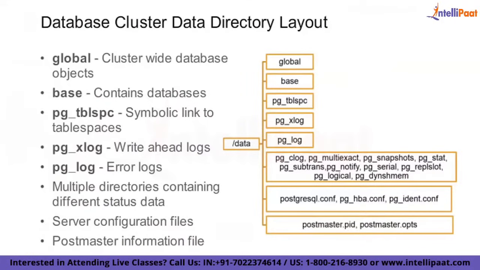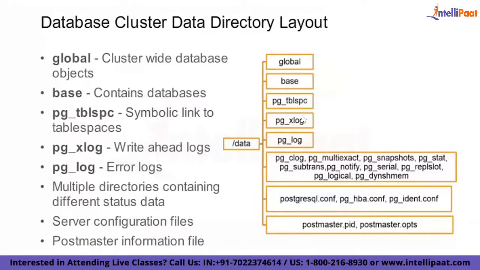You can create tablespaces also in Postgres. When you create a tablespace, a symbolic link is created from that directory to the new location. And pg_xlog holds the WAL segments we discussed, the write-ahead logs, all of which are generated in this pg_xlog directory.